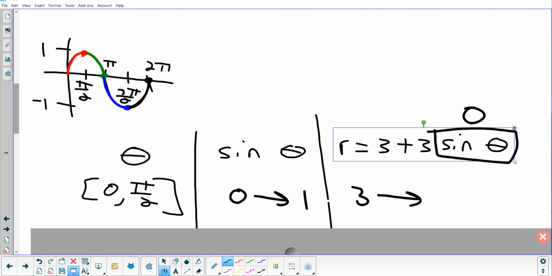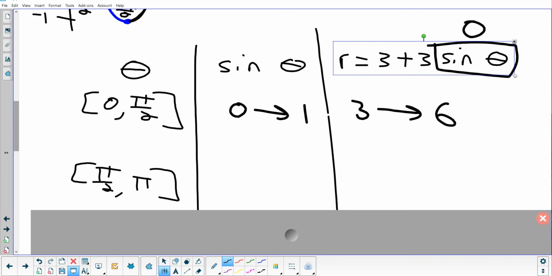What's my radius going to grow to? What's the sine function going to grow to as maximum? 1. And then 1 times 3 is 3, plus 3 is 6. So on your graph, in the first quadrant, your radius needs to grow from 3 to 6. It's almost like it's going to spiral out from 3 to 6.